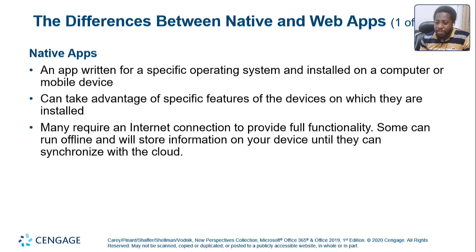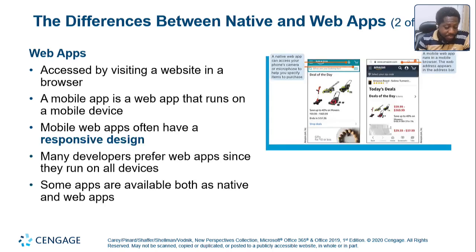They can take advantage of specific features of the devices on which they are installed. Many of these native apps require an internet connection to provide full functionality, and some can even run offline and will store information on your device until there's a possibility to synchronize the information with the web, with the cloud. Right, so that's about the native apps.